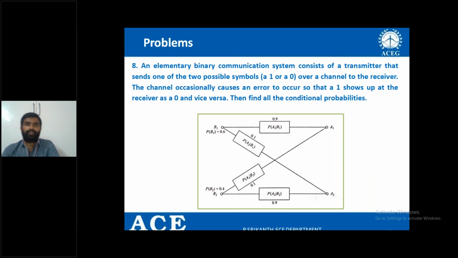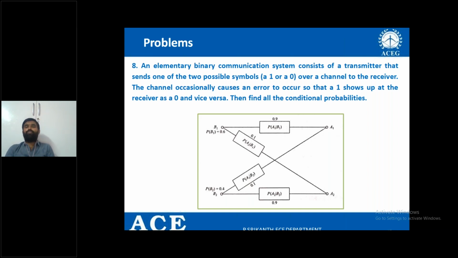A binary communication system consists of a transmitter that sends one of two possible symbols, that may be 1 or 0, through a channel to the receiver. The channel occasionally causes an error to occur so that a 1 shows up at the receiver as a 0 and vice versa. And then find all the conditional probabilities.